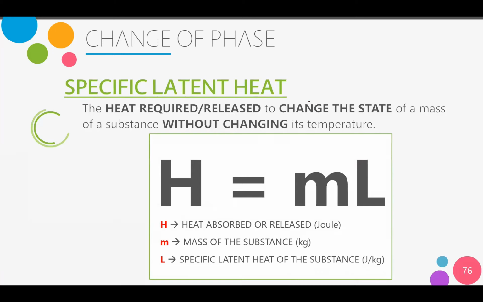So using this equation, we can solve for the specific latent heat or the heat absorbed of the object while undergoing the process of changing its state. So let's try to use this in a given equation.